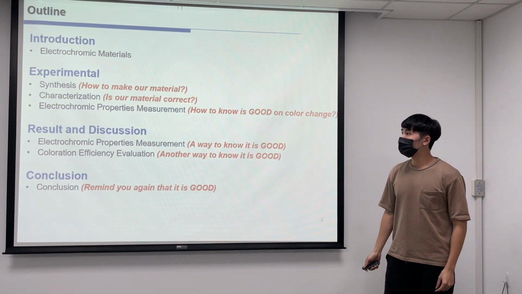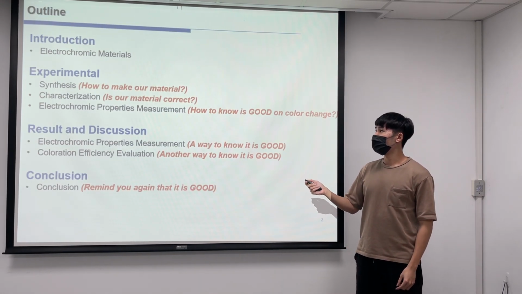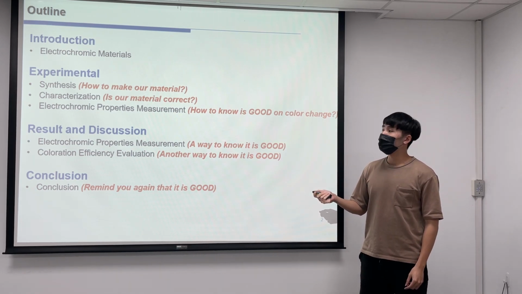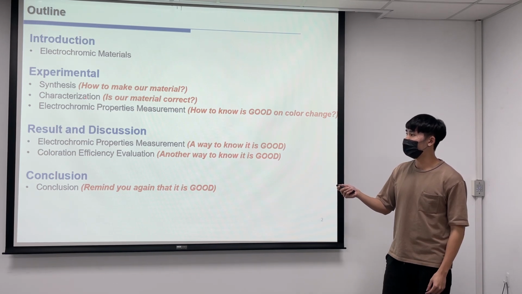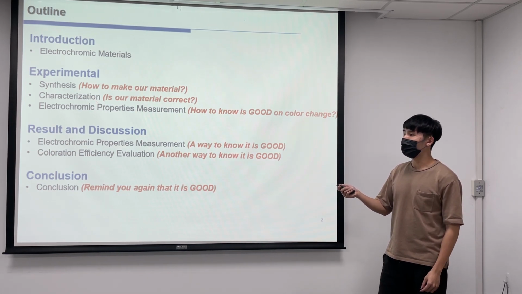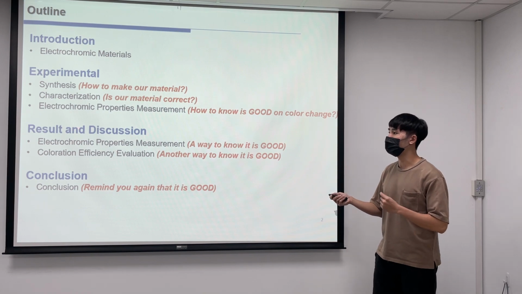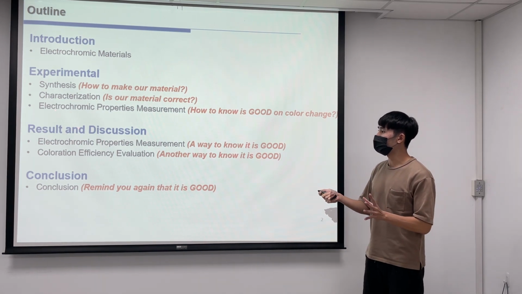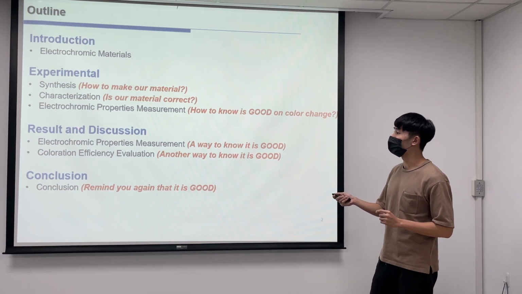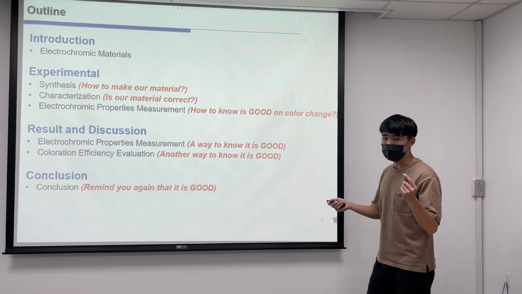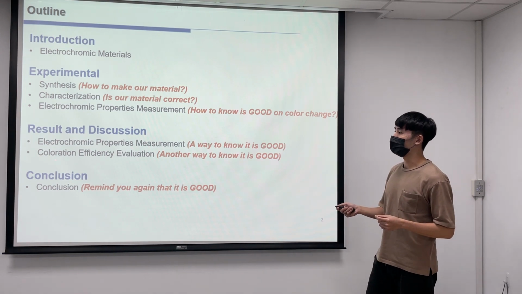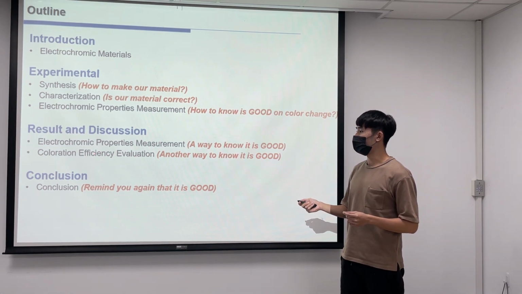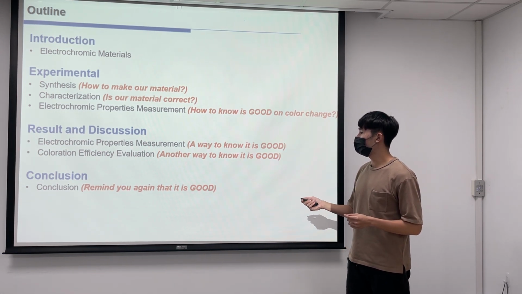Today's work is divided into several parts. I will introduce what our material is, and then the synthesis part, which is how to make our material. Characterization is to see if our material is correct or not. Electrochromic properties measurement is to know how good it is at color changing. Later, in the discussion part, we will see the electrochromic properties and the coloration efficiency.